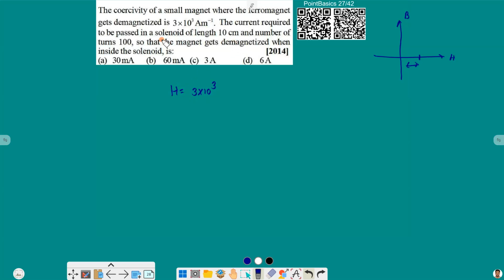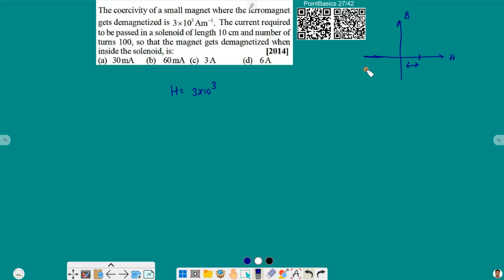Now, the current required to pass in the solenoid, and the number of turns are 100, to demagnetize the magnet. So, to demagnetize the magnet, what do we need to apply? We need to apply a negative field, or reverse field, opposite field, so that the magnetic field is reduced to zero.